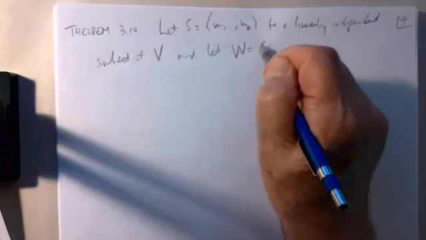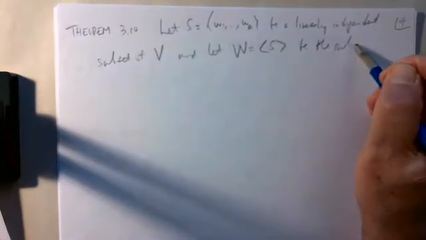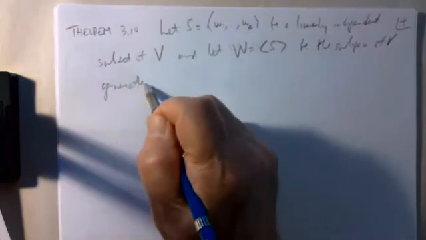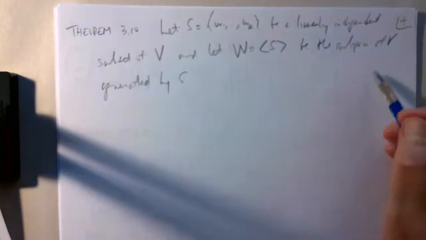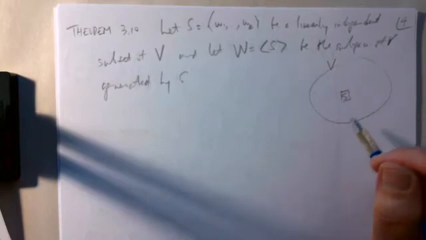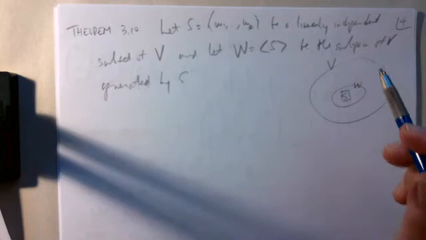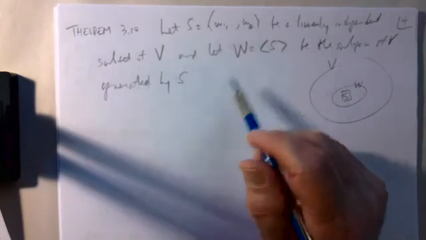And let W be the subspace of V that is generated by S. So here you have your vector space V. Sitting in V, you have a set S, and it generates a certain subspace W. It could be that W equals V, and it could be that it's not.